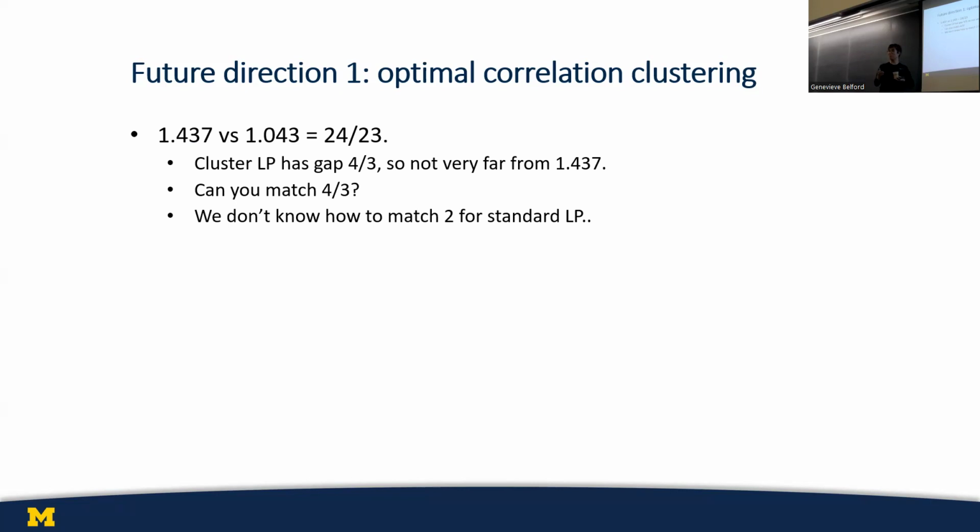So the obvious question is, can we match this 4/3? That's a nice open question. But as I told you, we don't even know how to match the integrality gap of the standard LP, 2.06 versus 2. So I think matching the integrality gap of the standard LP will be useful for pushing this number all the way down to 4/3. That's one nice question.